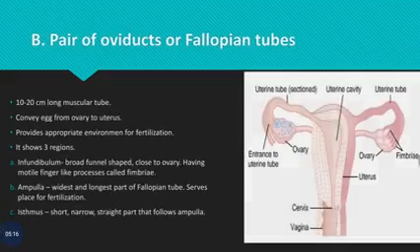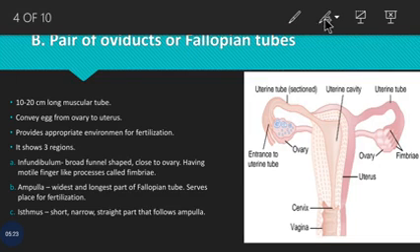Now we are going to discuss the pair of oviducts, also called the fallopian tubes. The fallopian tubes are muscular tubes.